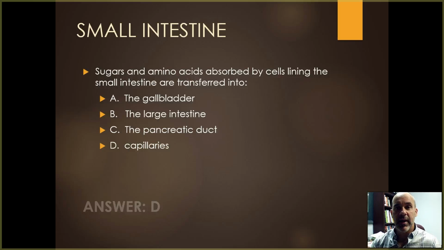Now remember, go back and review how it's different for lipids, hydrophobic nutrients. They get packaged up in these little lipoprotein particles called chylomicrons. Those are combinations of proteins and lipids, because lipids can't just float around in your body fluids because they're hydrophobic. They hate water. So they get packaged up in these little protein lipid balls, and they're called chylomicrons.